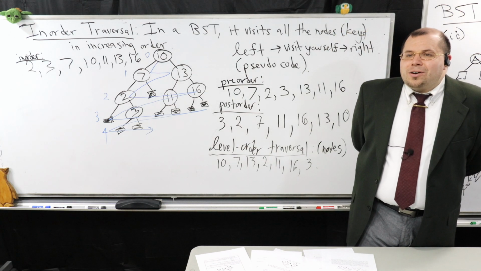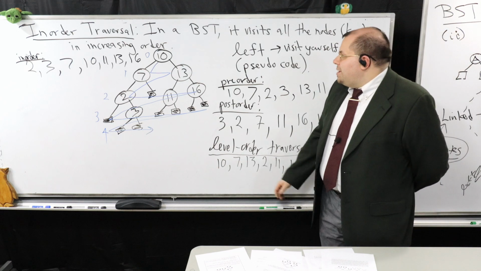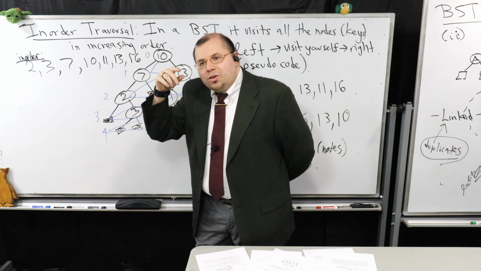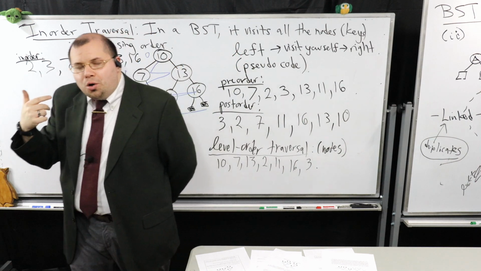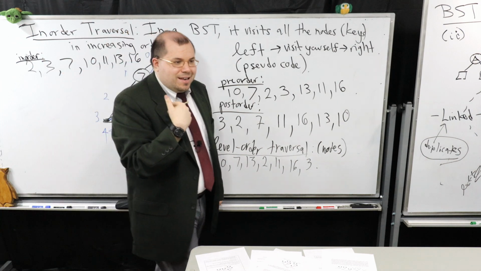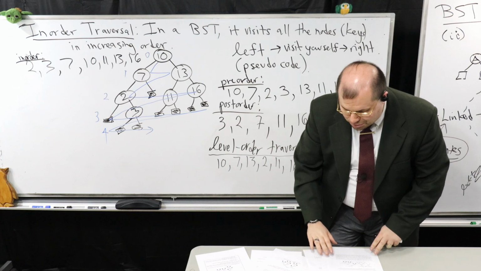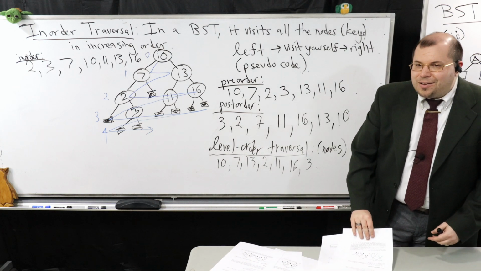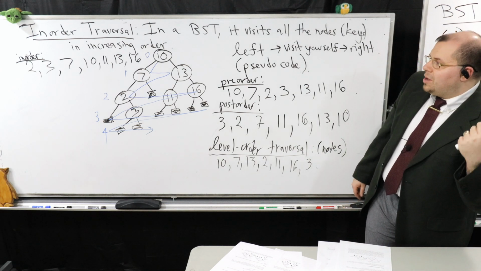Okay, so how do you do in-order and how do you calculate it? Remember, in in-order traversal, I go left first. So if you look at the pseudocode, I will check to see if there's a node present for my left child. Then I visit myself after I'm done doing my recursive call on the left child.